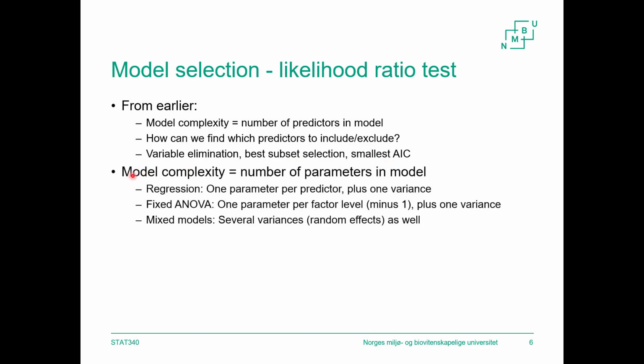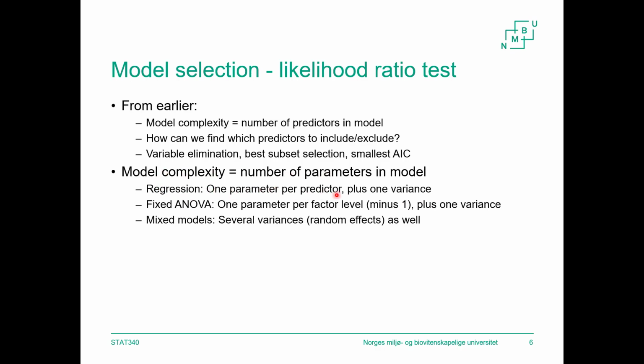So, as I said earlier, model complexity is actually not the number of predictors, but the number of parameters in the model. For regression, there is one parameter per predictor plus one variance. So you don't make a big mistake if you say that model complexity is the same as the number of predictors, right?